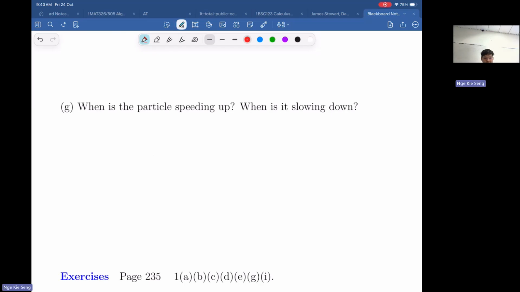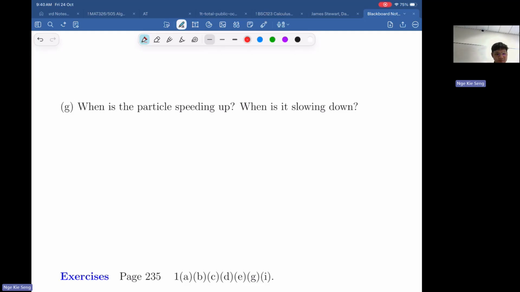What do you think? Can you explain? When do you speed up? Obviously, acceleration has to be positive. Okay, sure, good.